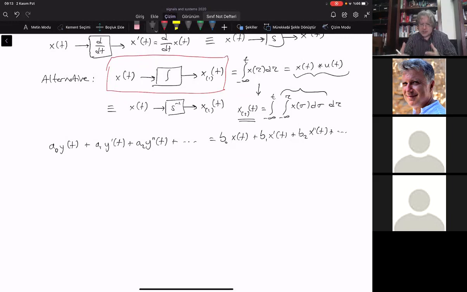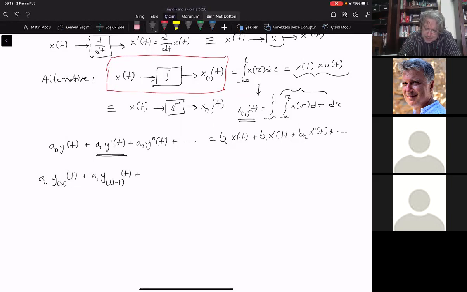So we will just take the nth integral of both sides of the long equation that we have now, which will convert everything to a0 y sub n of t plus a1 y sub n minus 1 of t. Why do I put n minus 1? Because I integrate n times, but I integrate n times this term, which is already a derivative. So one derivative and n integrals will give me n minus 1 integrals in net.